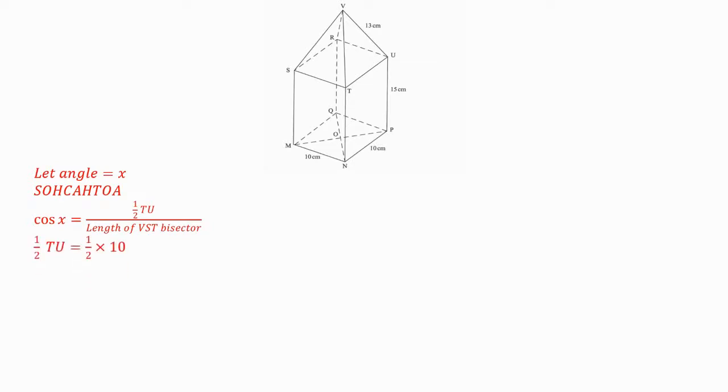So half the length TU is a half times 10, since TU is similar to NP, which is equal to 10 centimeters. So half TU will be 5 centimeters. Then the length of VST bisector is the same as the length of VTU bisector, which we had computed in part C and obtained as 12 centimeters.